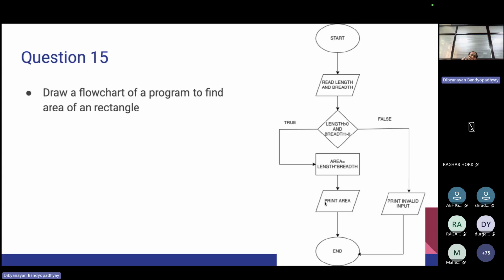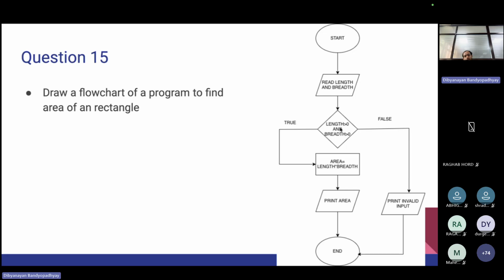But it is not even a rectangle. So this physical constraint, that to build a rectangle you need non-zero, greater than 0 values of length and breadth, should be embedded in the diamond boxes. Otherwise it will give you output, but it will not physically make any sense.